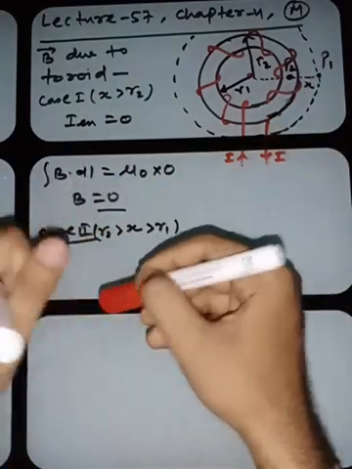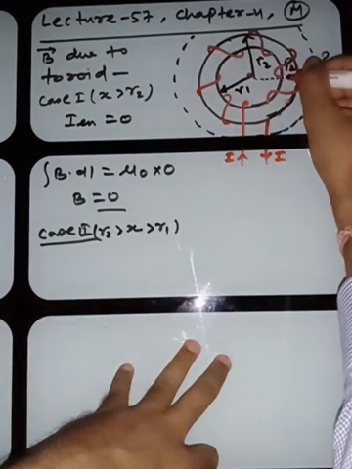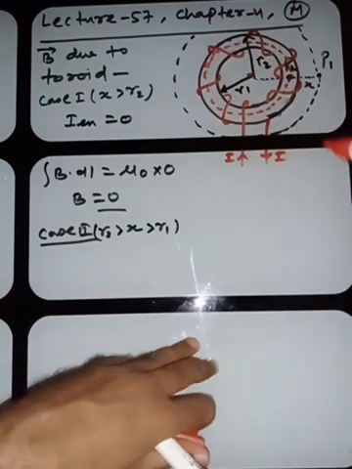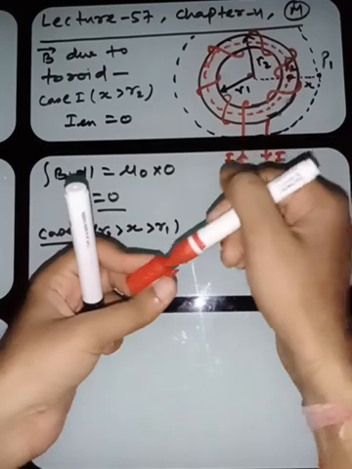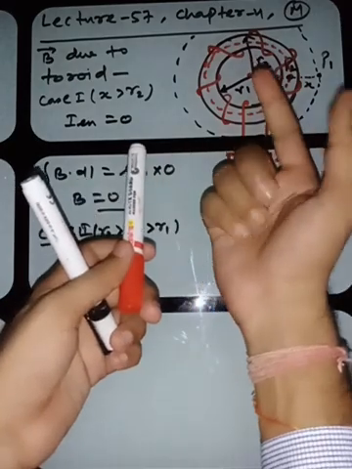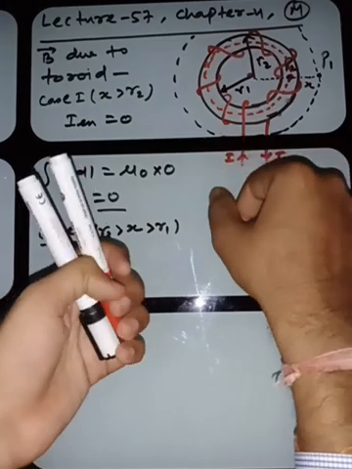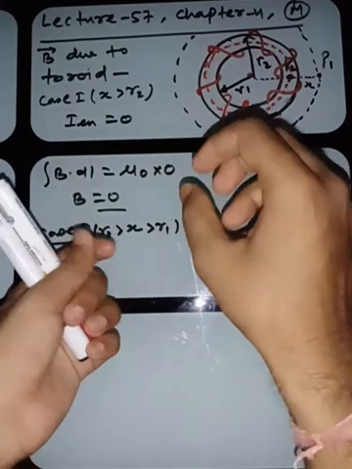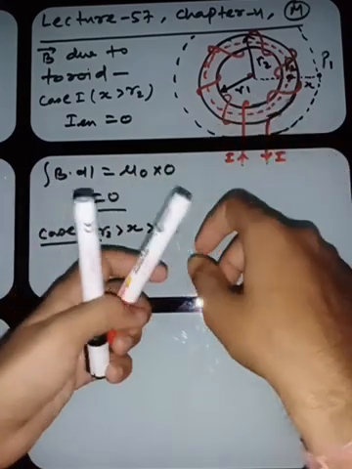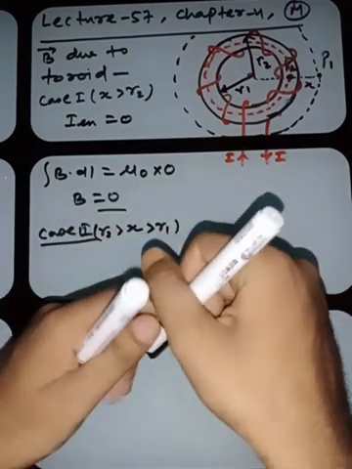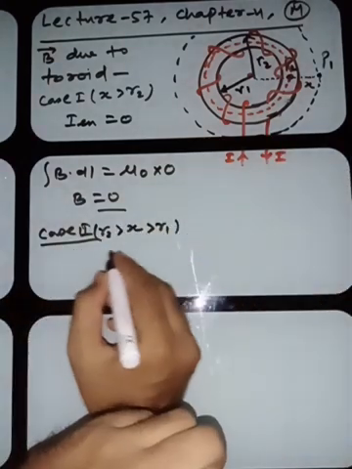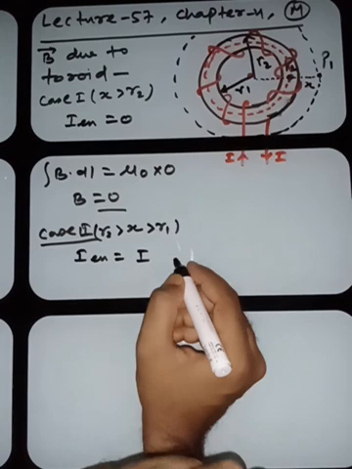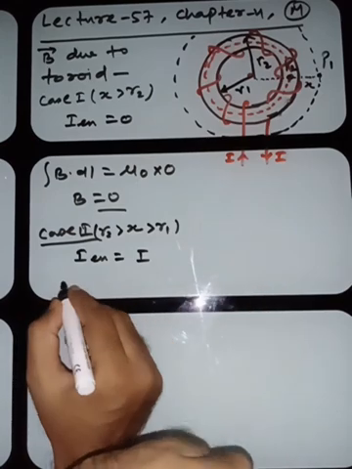Let me draw the Amperian loop using my red sketch. This one is your Amperian loop. For this Amperian loop, you can see the current moving in or out, so you will get a net current, and for that we can write I enclosed, it is I.